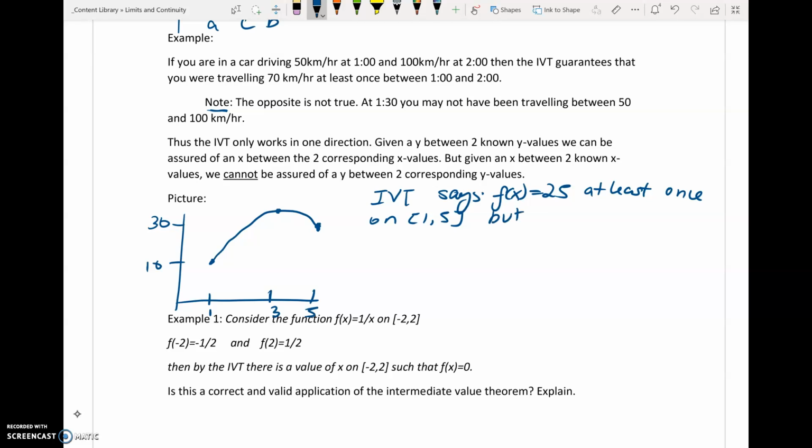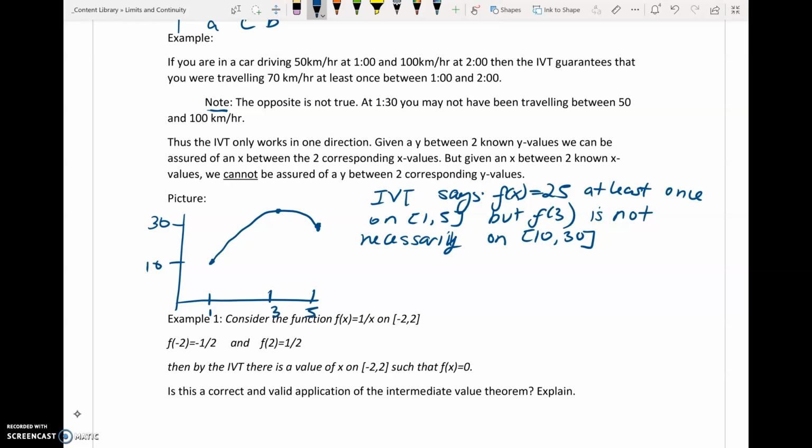But take a note that this f of 3 is not necessarily between 10 and 30. It actually goes beyond 30. Okay, so your f of 3 doesn't fit between our y values of 10 and 30. It actually goes beyond.